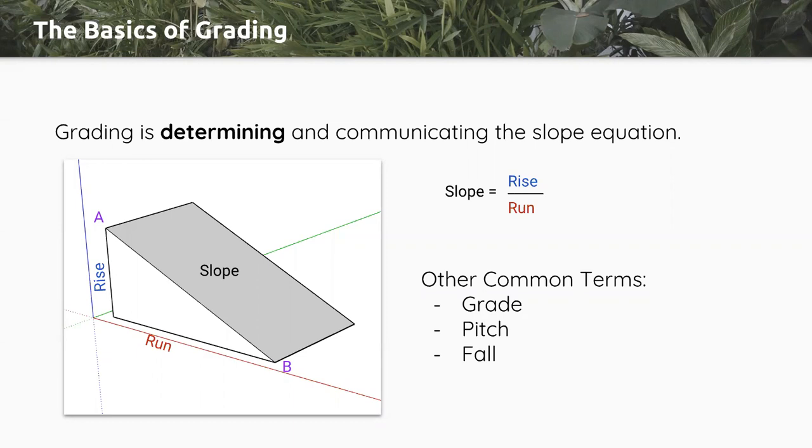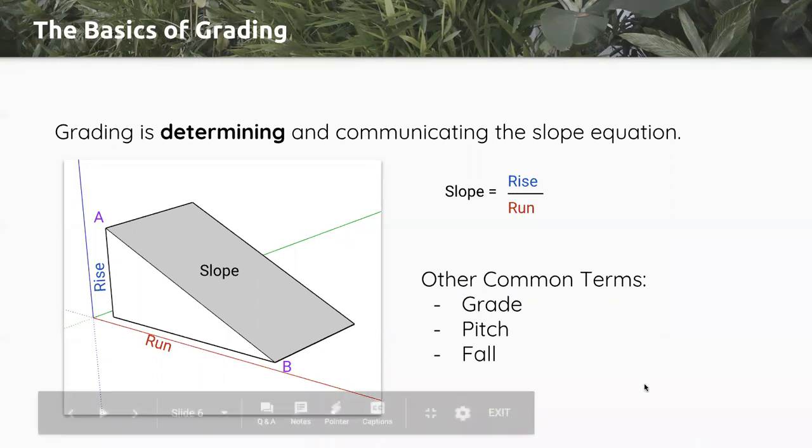You do have to memorize this equation for the grading LARE exam, for instance. And also, if you haven't gotten into grading for a while, I'll touch on some key lingo that you have to know in terms of grading.